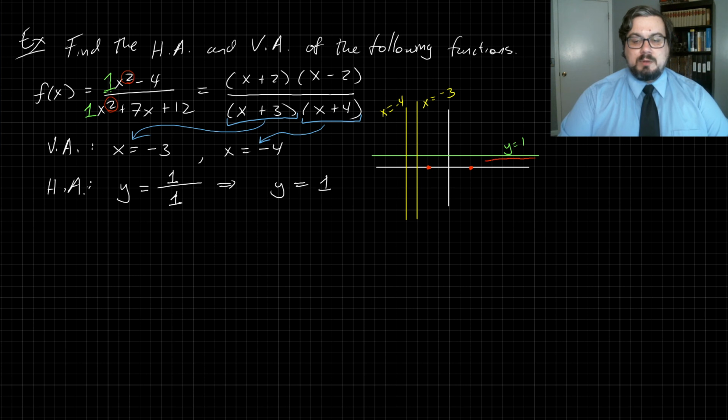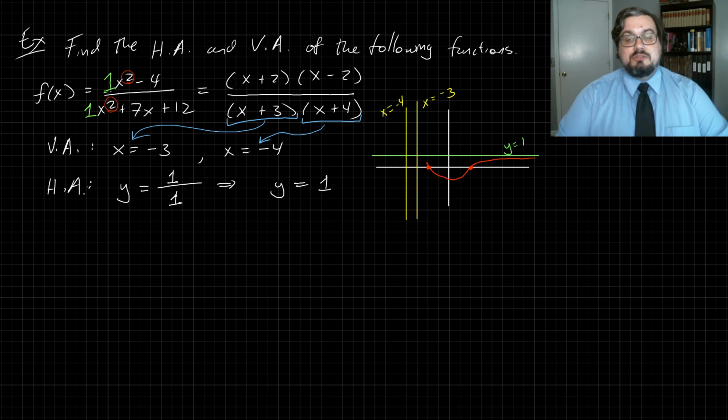So we would be close to the asymptote y equals 1 when we're far off to the right, but then we'd come down and pass through our zero here and our zero here. Notice that both of the zeros in the numerator have multiplicity 1, because analyzing the multiplicity of zeros of a rational function is the same as for a polynomial. You're just looking at the factors in the numerator.